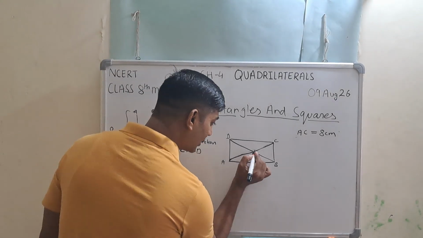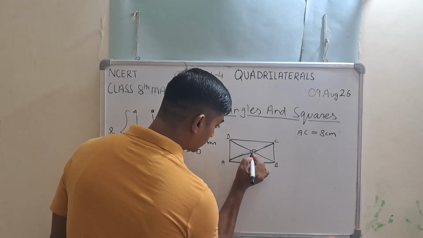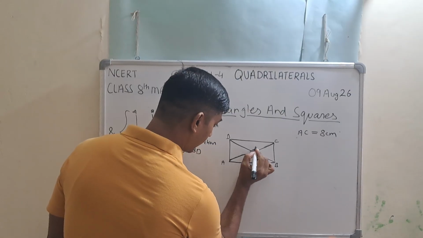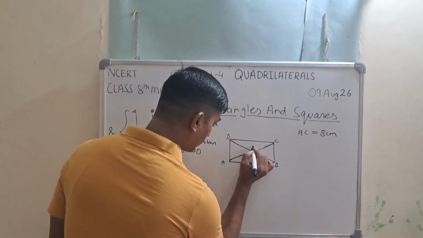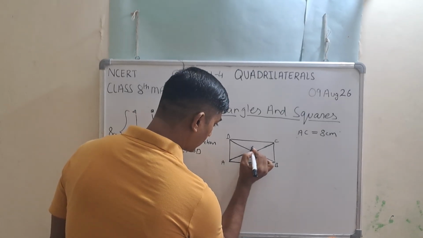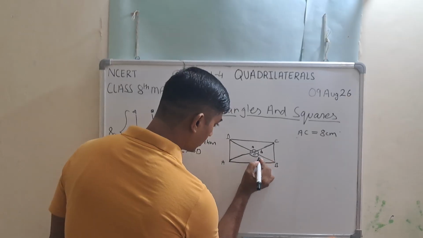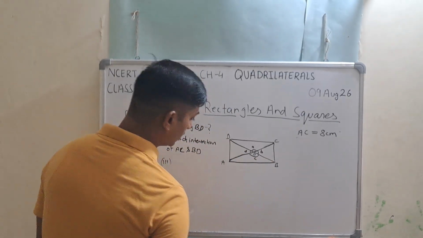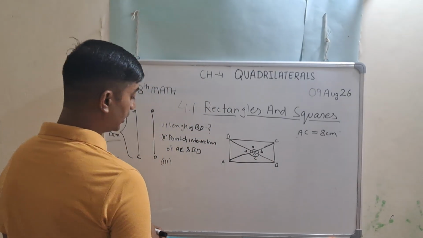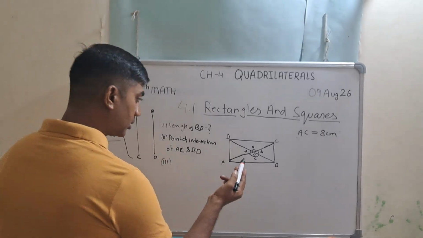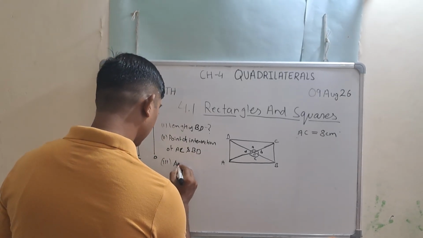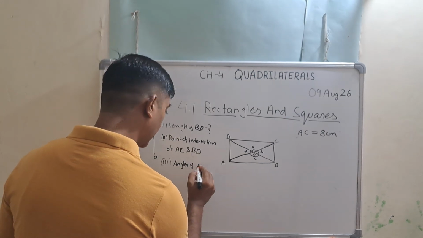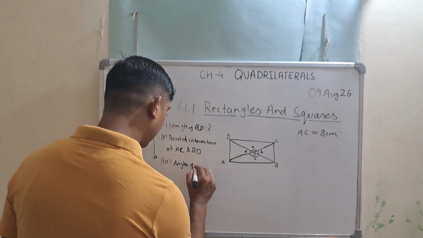We will see the angles between these two lines. We can mark these angles as a, b, c, d in small letters, the angles of the intersecting lines.